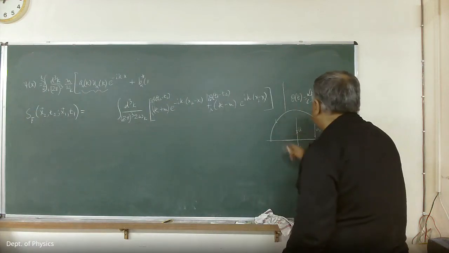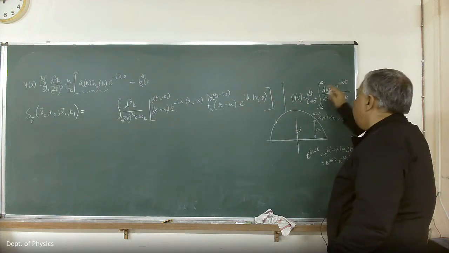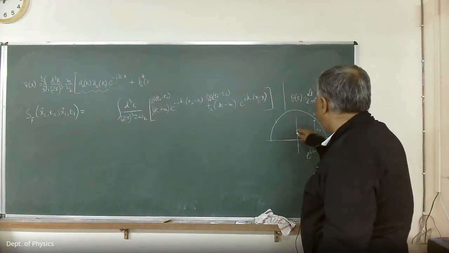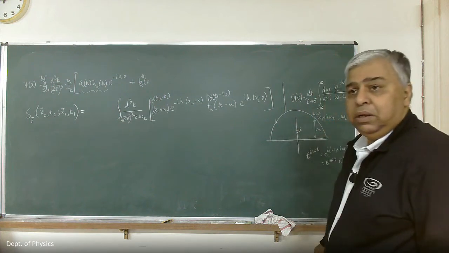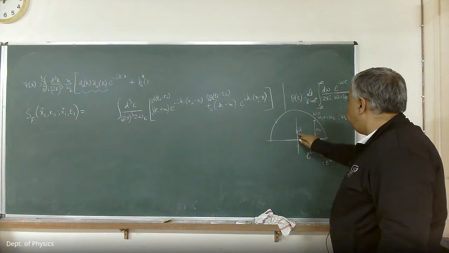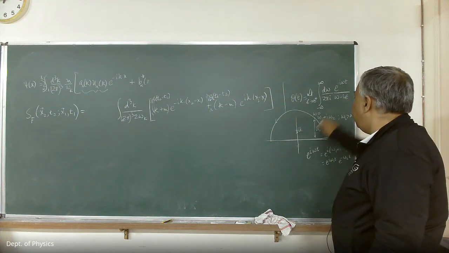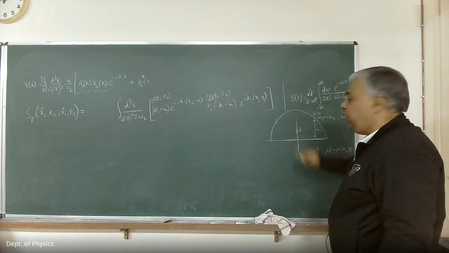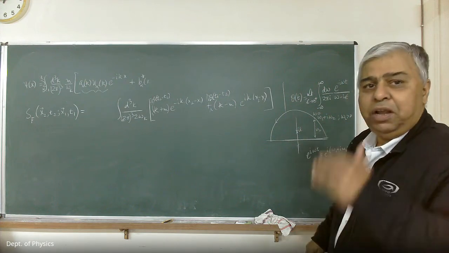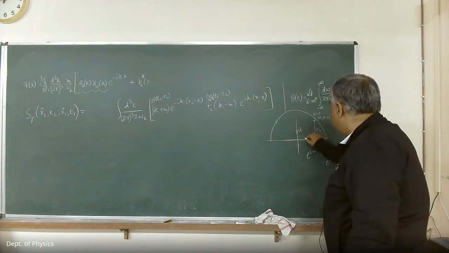Once you have chosen this path, this integral you can easily calculate. You see, I have shifted the pole. If I had just written omega instead of omega minus i epsilon, the pole would have been on the real line itself. I have shifted it deliberately so that I avoid the singularity as I pass through this.